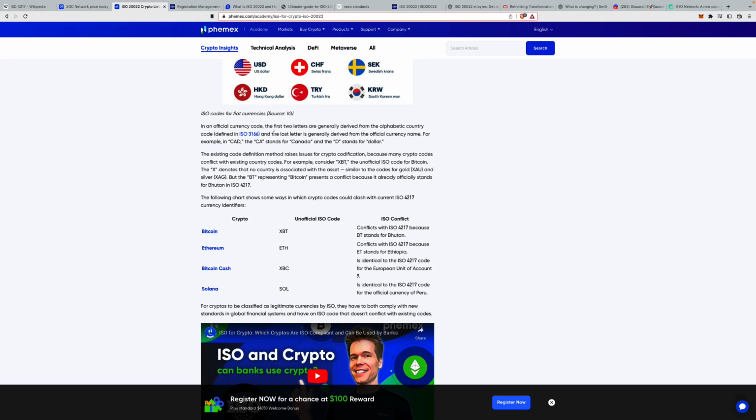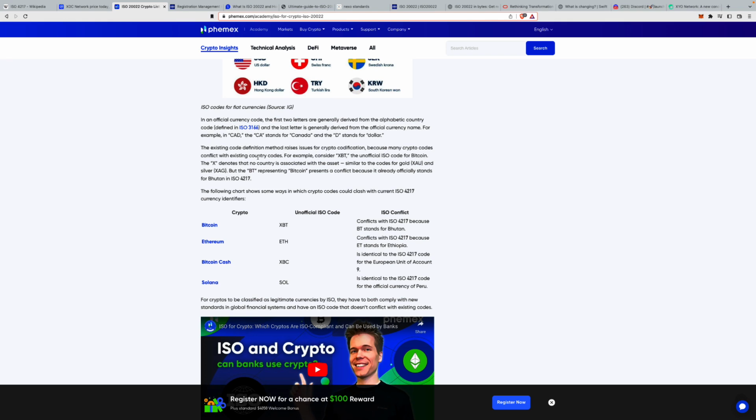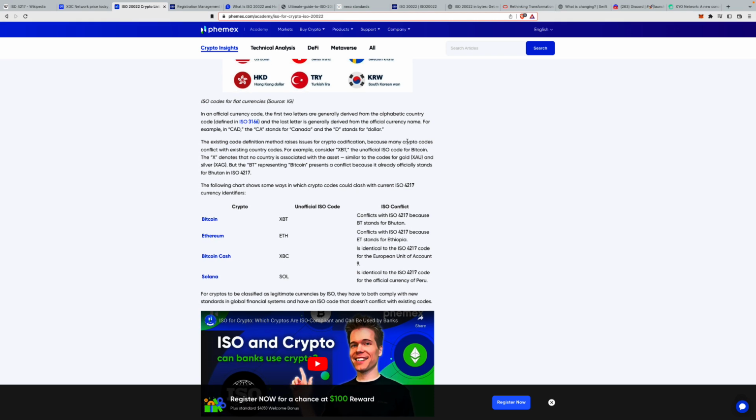In an official currency code, the first two letters are generally derived from the alphabetic country code defined in ISO 3166, and the last letter is generally derived from the official currency name. For example, in CAD, the CA stands for Canada and the D stands for dollar. The existing code definition method raises issues for crypto codification because many crypto codes conflict with existing country codes.